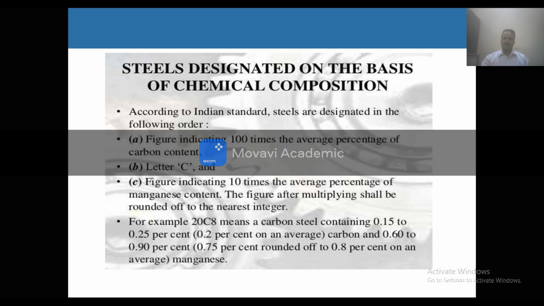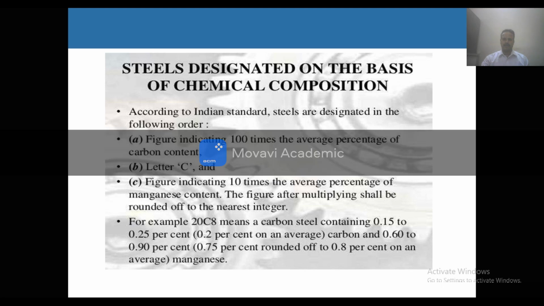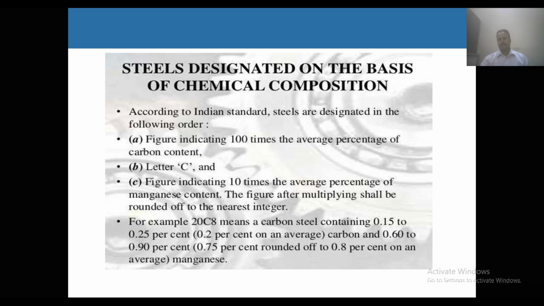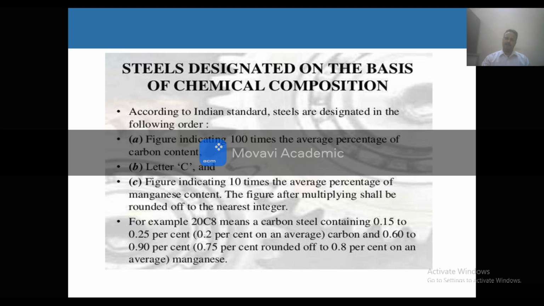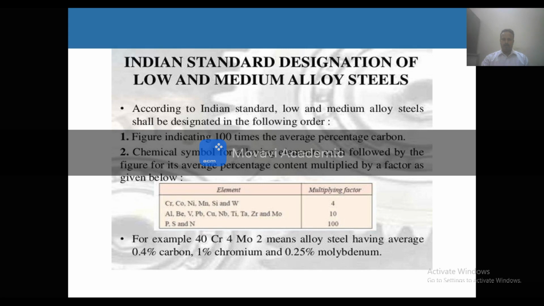If we divide 20 by 100, we say that it has 0.2% average carbon and 0.8% of manganese. So the left hand side of C denotes the percentage of carbon multiplied by 100, and the right hand side divided by 10 shows you the amount of manganese in the product.